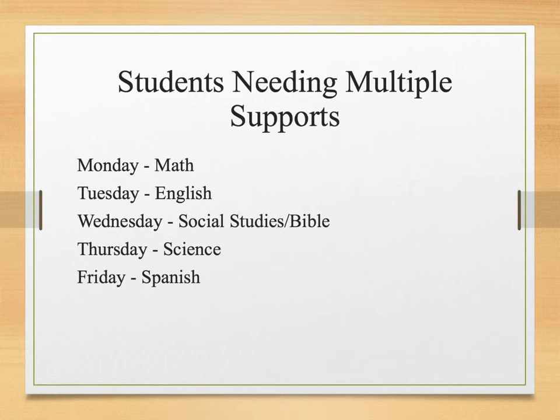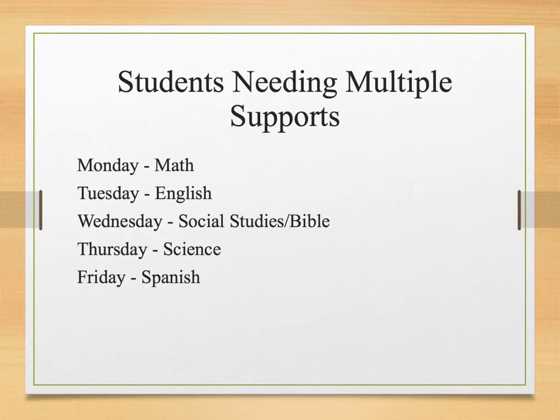Now, we recognize the fact that some students are going to need multiple supports. There might be a student that needs help in both science and Spanish and not just science alone. So we've created this priority list of days and subject areas. For example, if a student needs help in both science and Spanish and it lands on a Thursday, they would then have to go to science.